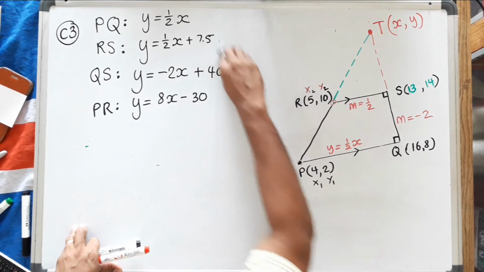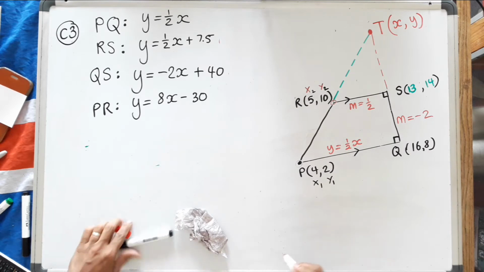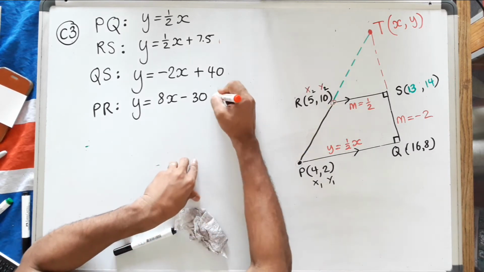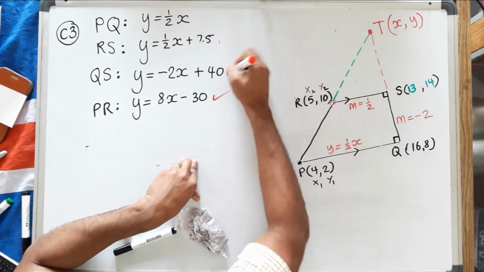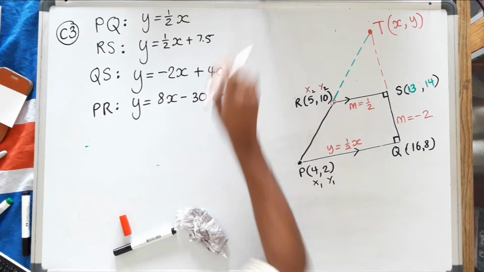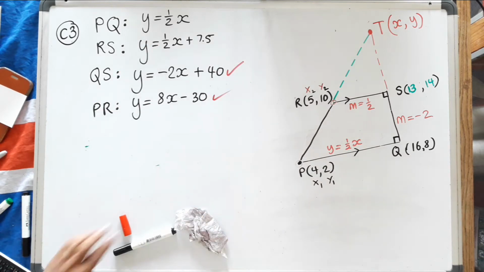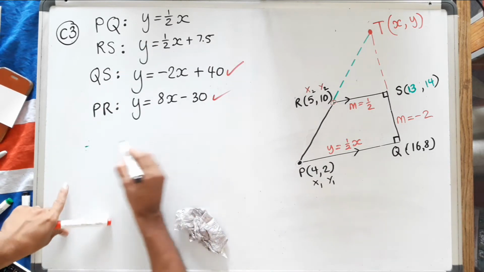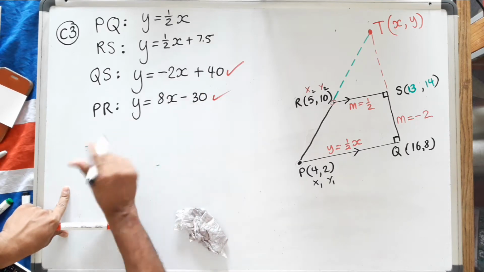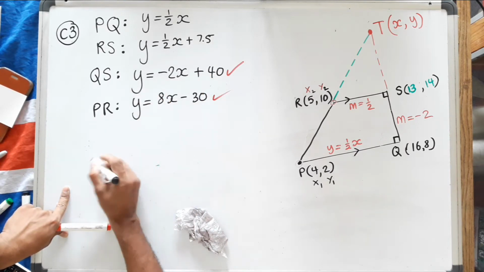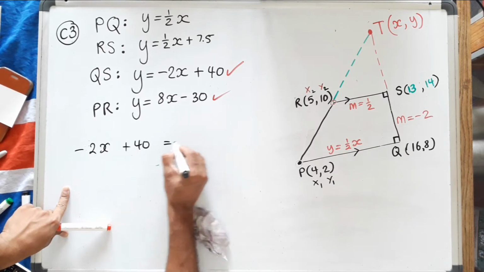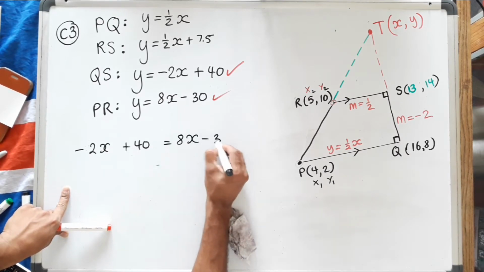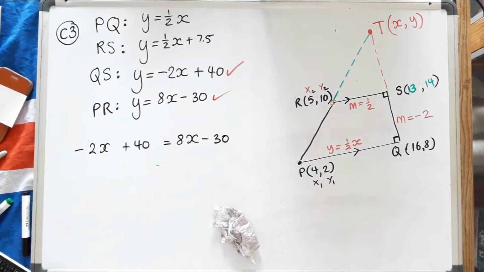So, to figure out the coordinates of T, we need to take the equation of PR, tick here, and the equation of QS, and we need to solve them simultaneously. We can use the YY method once again, right? Gonna put this equal to this because y is already the subject in both of them. So you get minus 2x plus 40 is equal to 8x minus 30. Let's see how this goes.